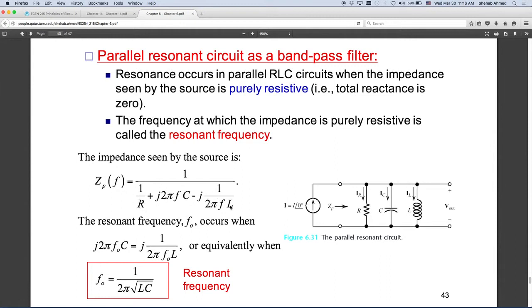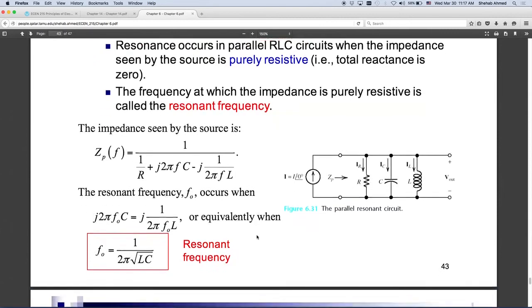So if this goes away and this goes away, then Z equivalent is equal to R. Because 1 over R, R goes to the numerator, I'm left with only a resistance seeing the current coming in from my supply. This condition is satisfied if these two are equal, at a certain frequency, which is the resonant frequency. If we solve for the frequency, it's 1 over 2 pi square root of LC. This happens to be the same equation for resonant frequency as the series resonant circuit.